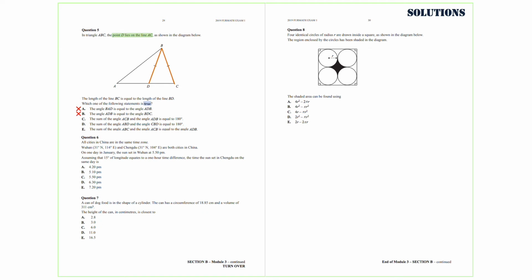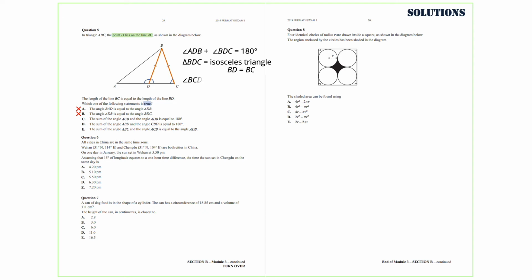For option C, we are going to start from the sum of angle ADB and angle BDC. That is 180 degrees because they are supplementary angles. We also know that triangle BDC is an isosceles triangle with BD equals BC.